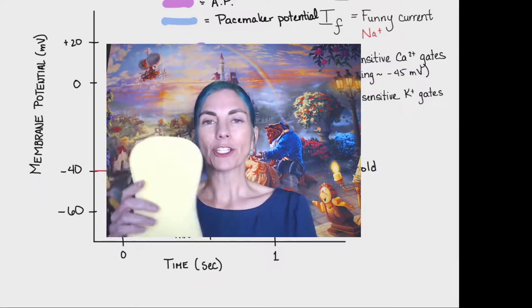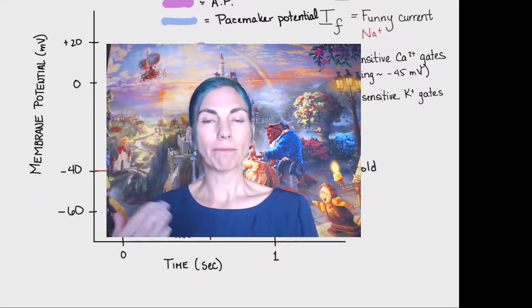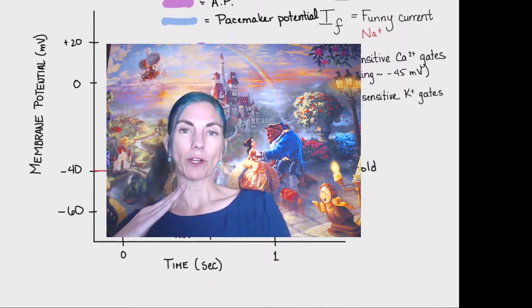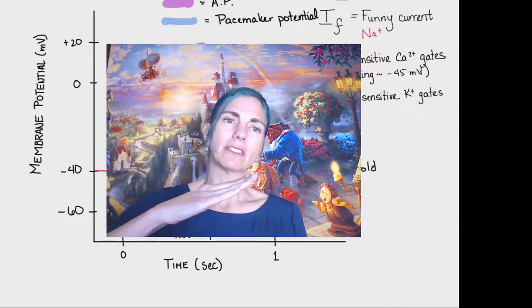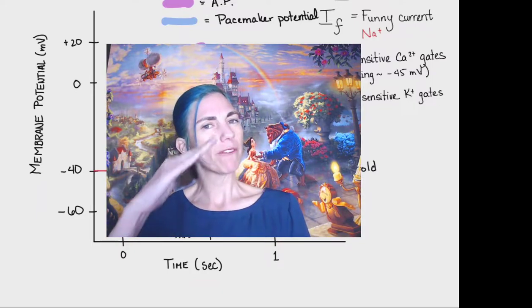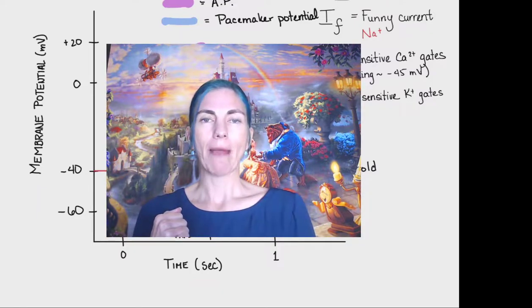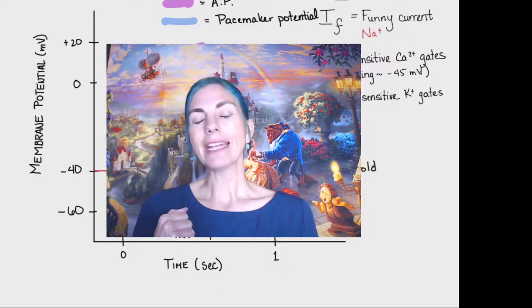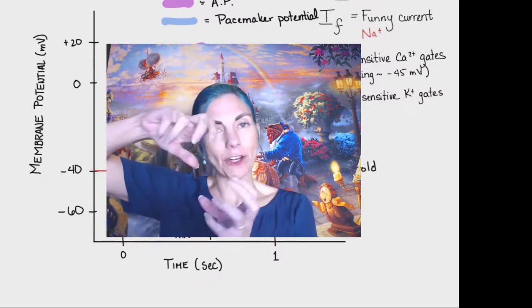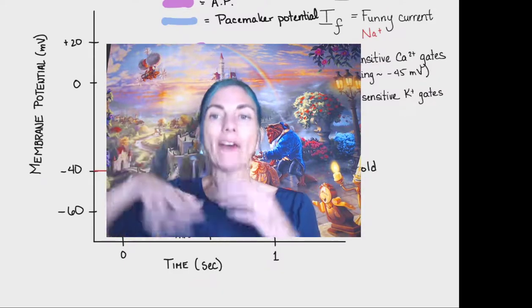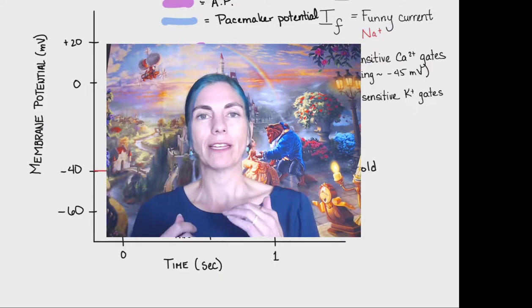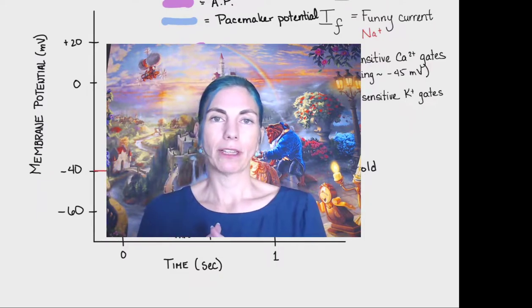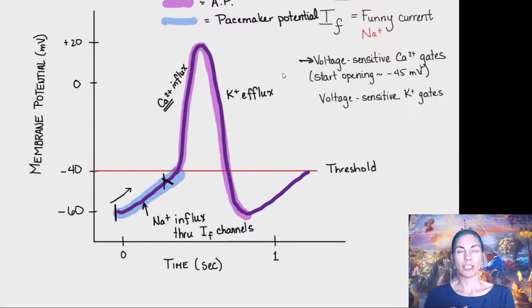So what I just described should correspond to a depolarization where it's going up, up, and then it just kind of stops, right? But I'm showing you a very consistent path upward. And that is because as the funny gates start to close, calcium gates start to open and kind of substitute the depolarization. So initially, the depolarization that we see is largely due to sodium.